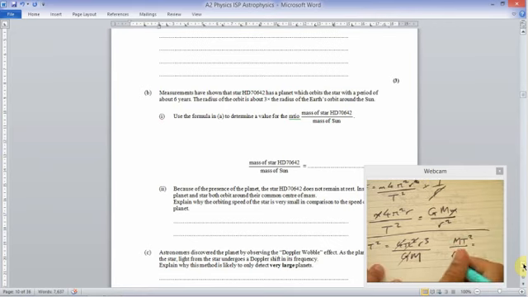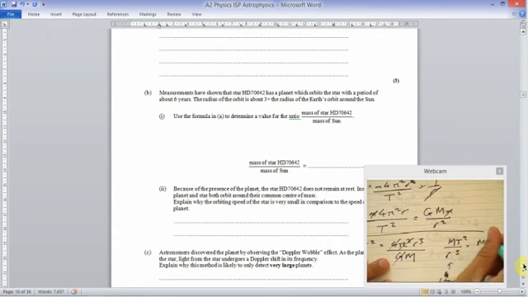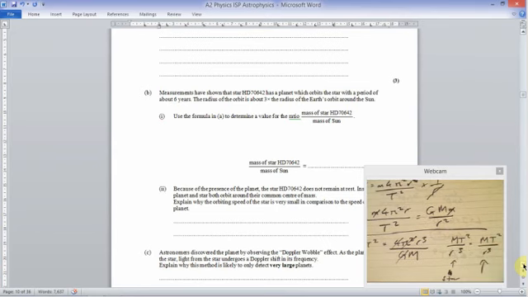So that could be before, so of the star, and you could have the same situation for the Sun. So if you compare those two values by plugging in the numbers that have been given, you can see that the star has a period of 6 years, while the Sun has a period of a year.